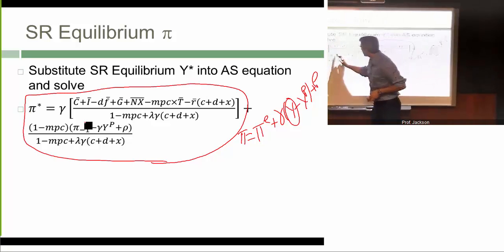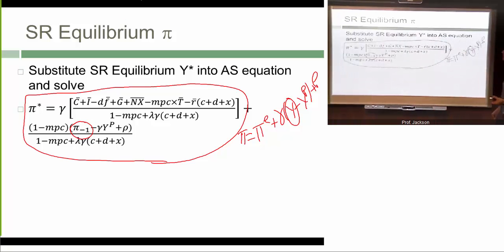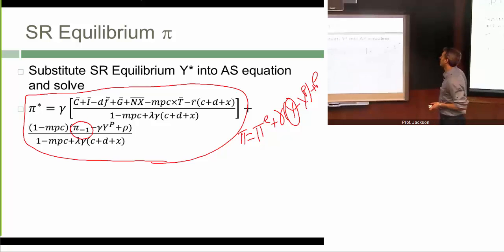And again, you'll notice we're assuming that inflation expectations are just this one period backward-looking adaptive expectations to simplify things. So we get that big ugly equation, which is our short-run equilibrium level of inflation as a result.